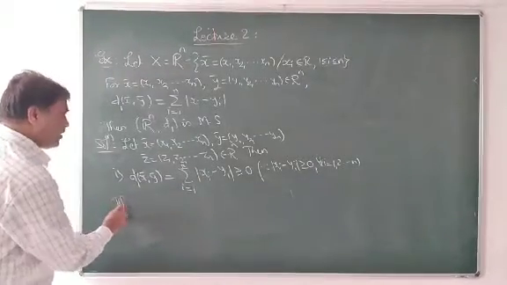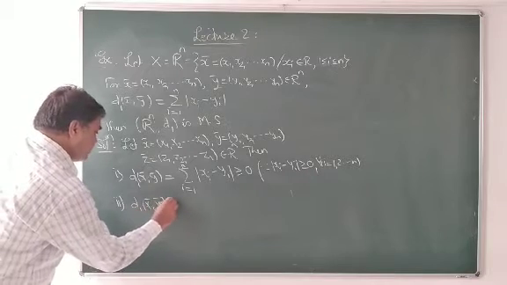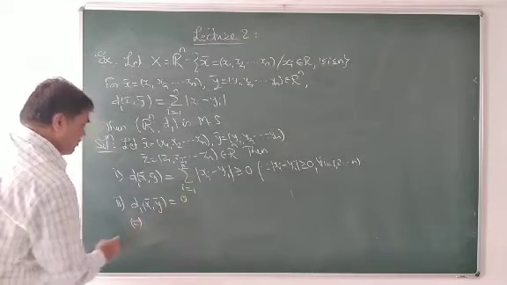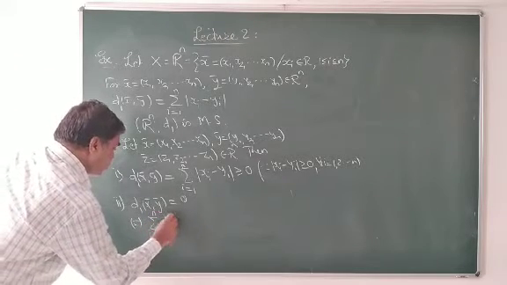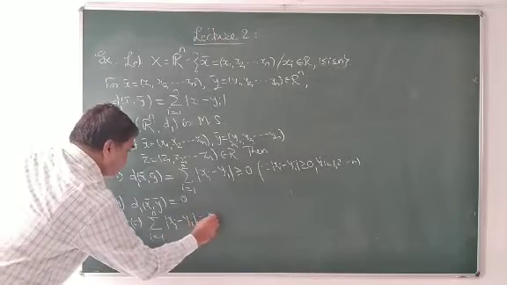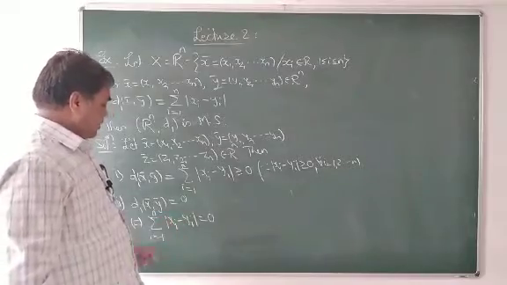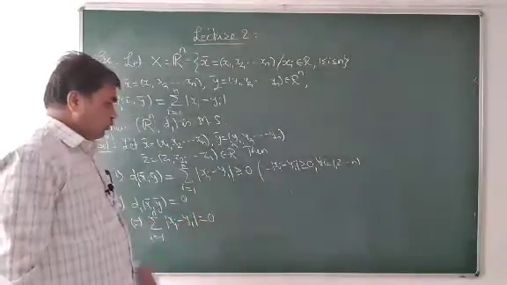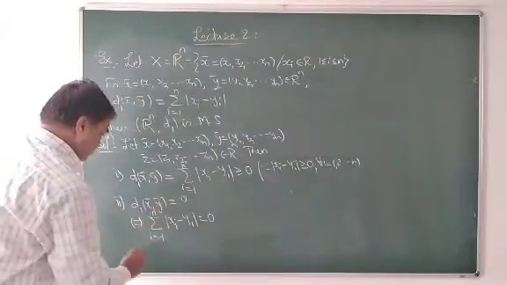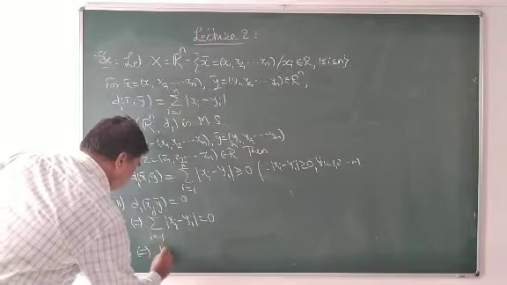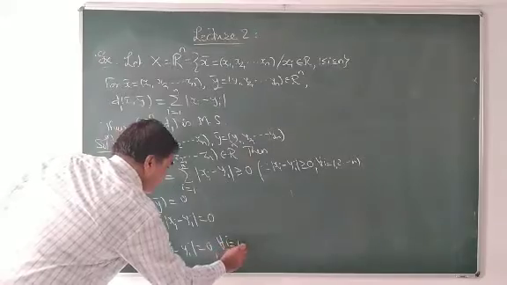Second, because xi and yi are real numbers, d1 of x bar, y bar is 0 if and only if, by definition of d1, the summation of i equal to 1 to n of mod of xi minus yi must be 0. So this is a sum of non-negative numbers, and a sum of non-negative numbers is 0 if and only if each term in that sum must be 0, meaning mod of xi minus yi is 0 for every i equal to 1 up to n.